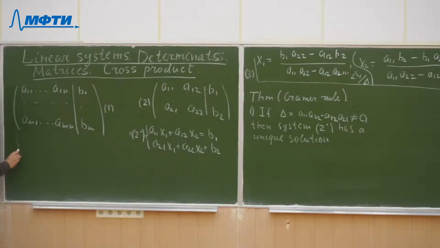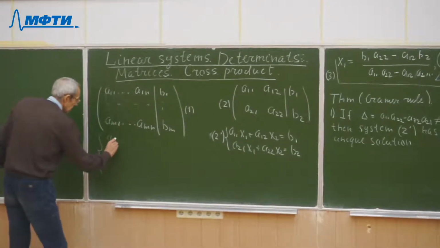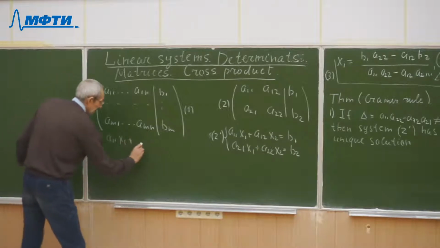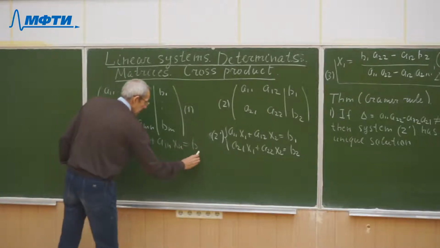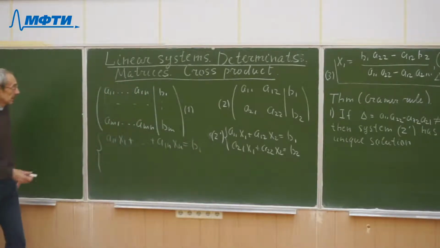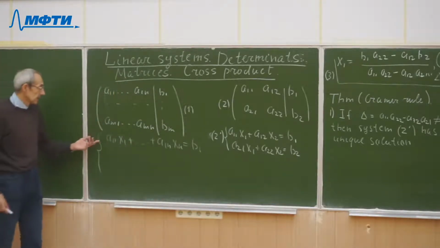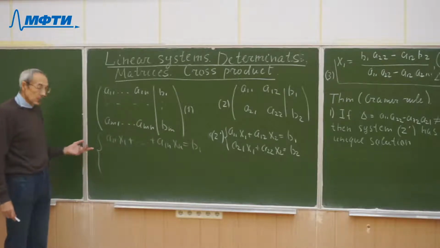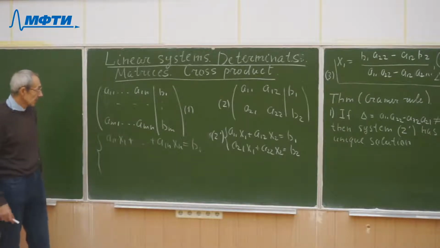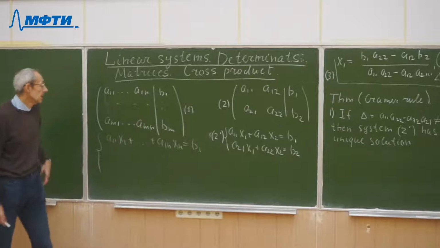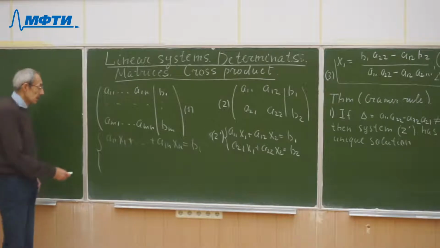A linear system, or equivalently a system of linear equations, is a system of the following kind. A linear equation is an equation which contains the unknowns in the first degree, a linear combination of such unknowns.